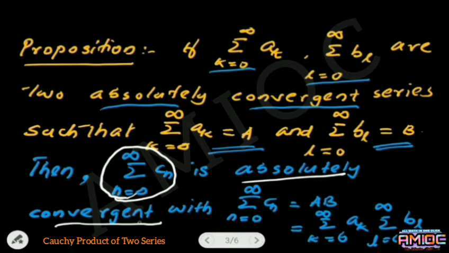The series is absolutely convergent, then it will be convergent, and the summation n equal to 0 to infinity Cn is ab, where a is equal to summation k equal to 0 to infinity ak and b equal to summation l equal to 0 to infinity bl. That means if the two given series are absolutely convergent, then the Cauchy product series is absolutely convergent, and the sum is the product of the sum of the two given series.